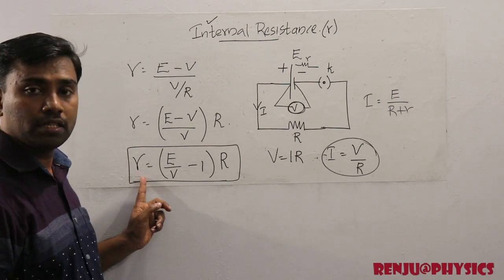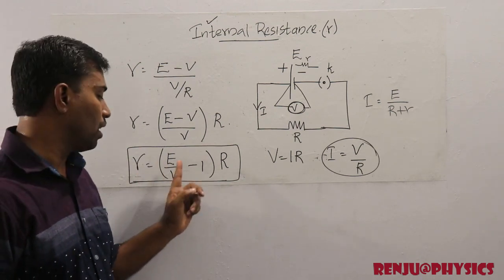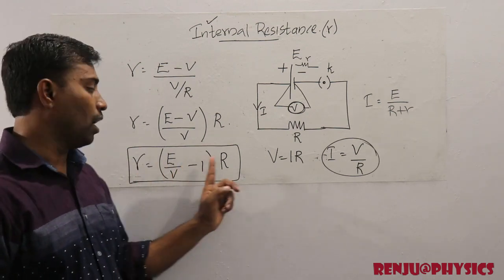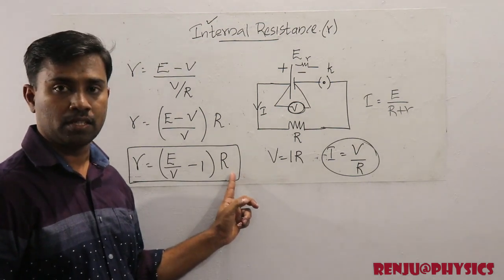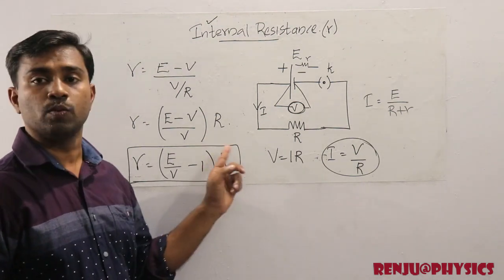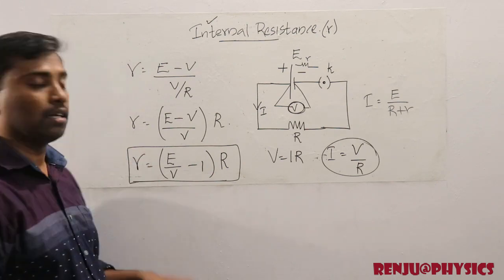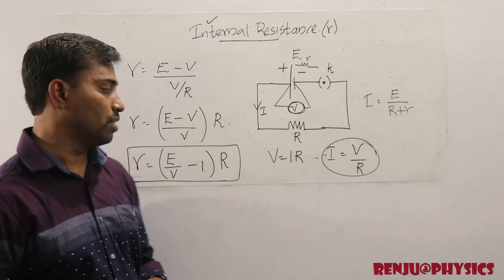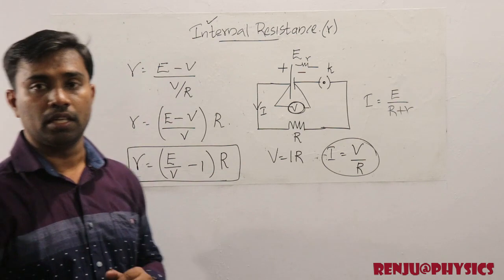Here r is the internal resistance, E is the EMF of the cell, V is the terminal potential, and R is the external resistance. So when external resistance is varied, the internal resistance also changes. So this is the equation for finding internal resistance.